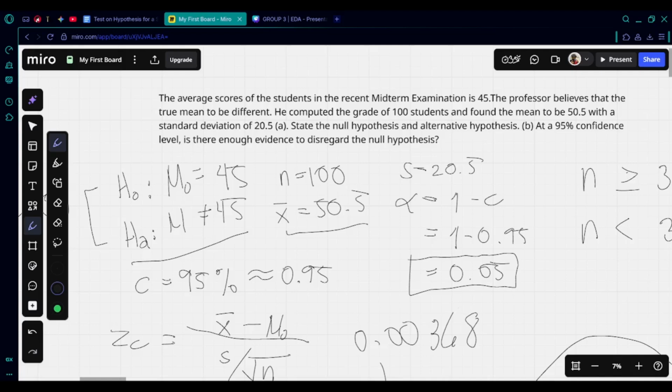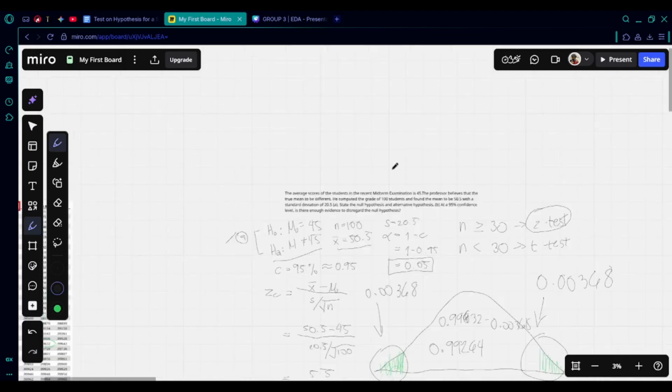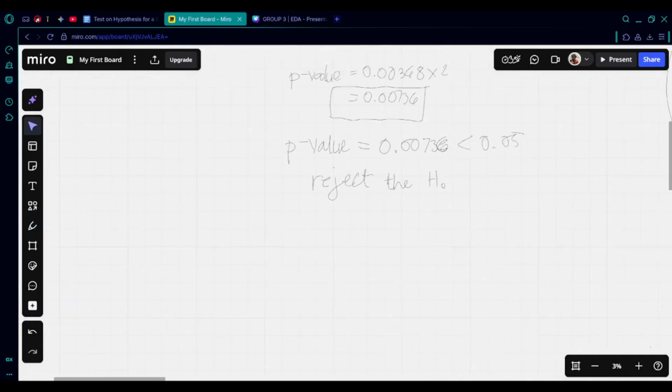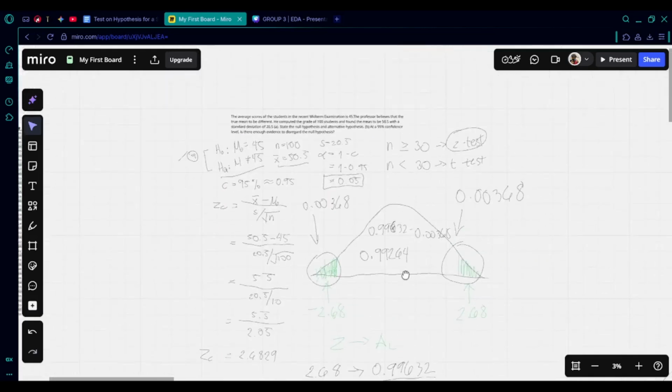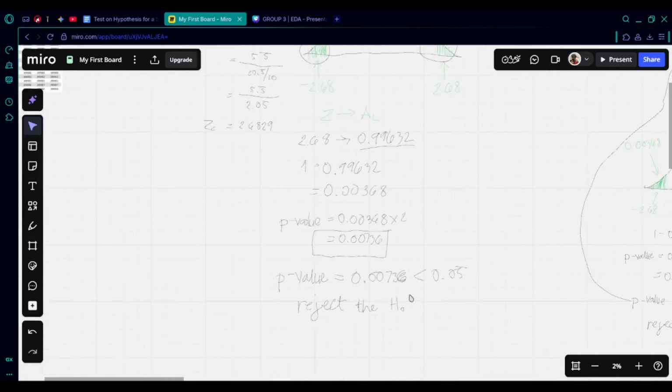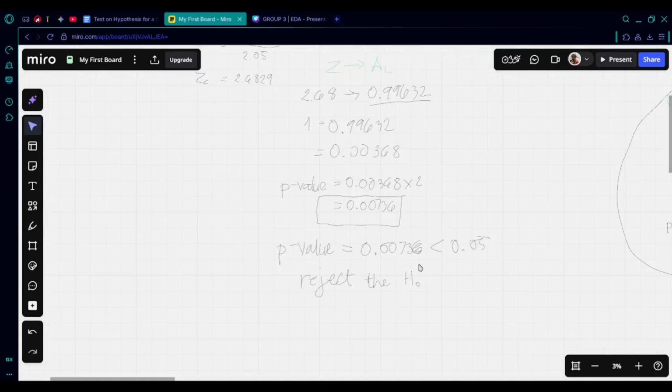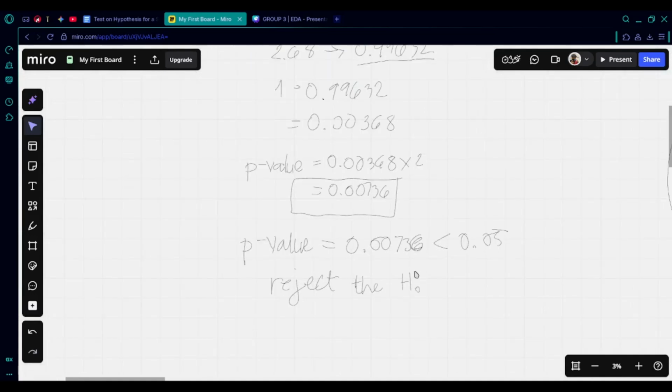Since we got the p-value, we have proven that the p-value is less than 0.05, which is the alpha level. So it means that at a 95% confidence level, there is enough evidence to disregard the null hypothesis. This is what we computed. This is the proof that we have enough evidence to disregard the null hypothesis.